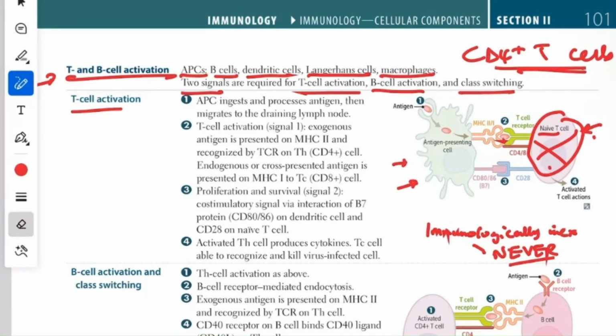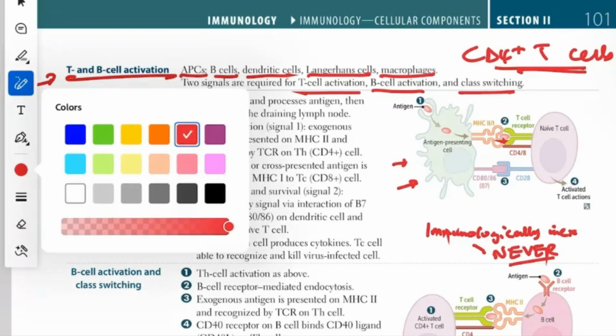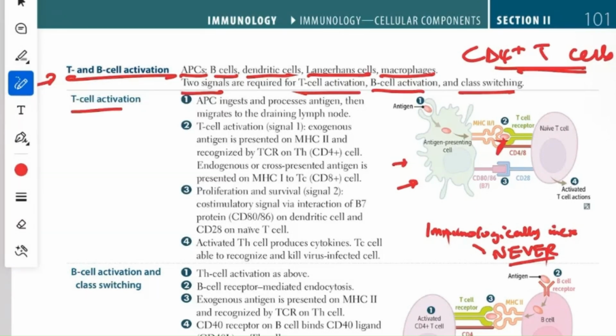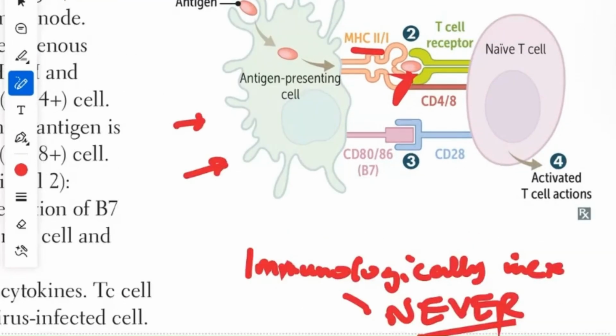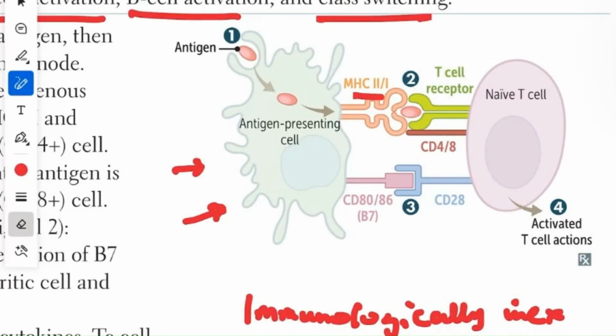So the naive T cell is there and binds to the antigen on the antigen presenting cell via the MHC. Since it's antigen for CD4, you're talking of MHC2, right? So the T cell receptor of the naive T cell binds to the MHC2 on the antigen presenting cell.